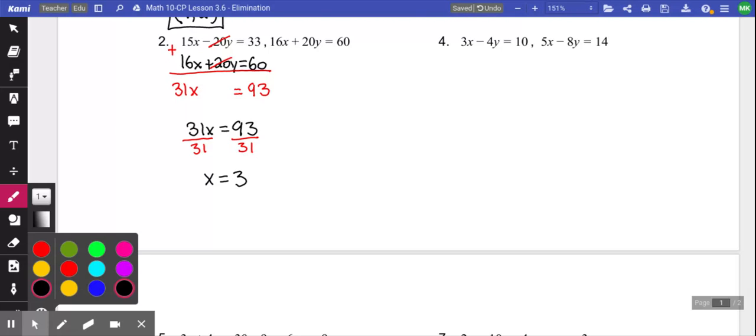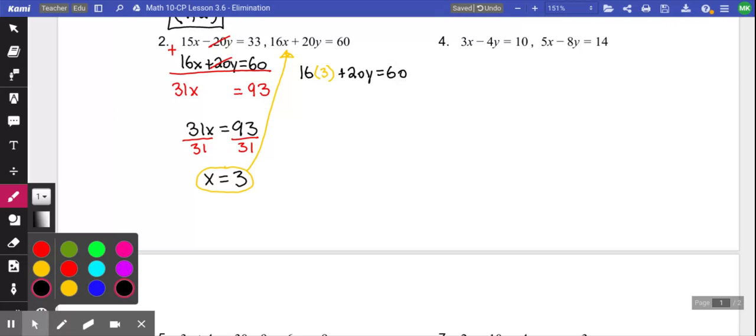Once you have one of the numbers, you can find the other one by substituting it into one of the equations. That gives me 16 times 3 plus 20y equals 60.